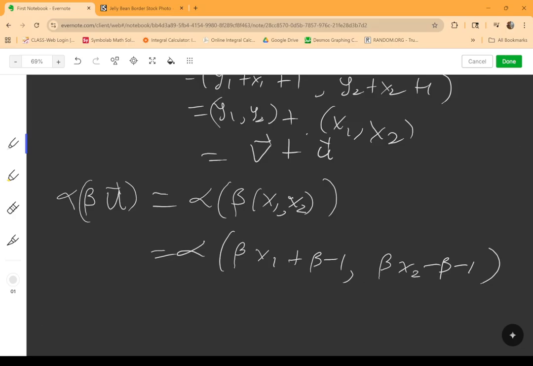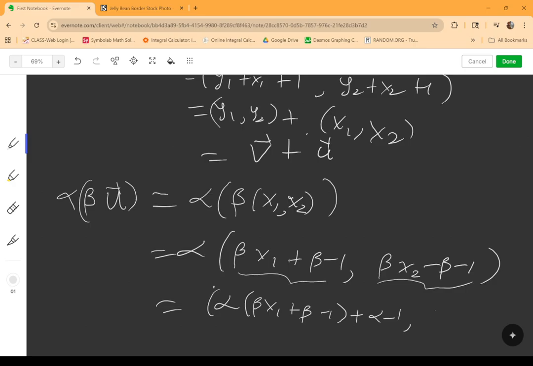Okay. And then from here, again, we apply the rule again here of scalar multiplication. All right, so now we could treat this all as x1 and that as x2. So in doing that, we'll have alpha times (beta x1 plus beta minus 1) plus alpha minus 1.